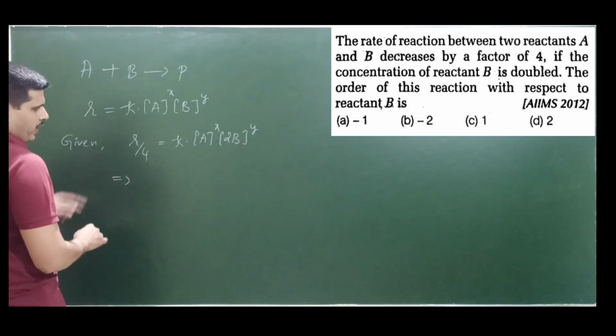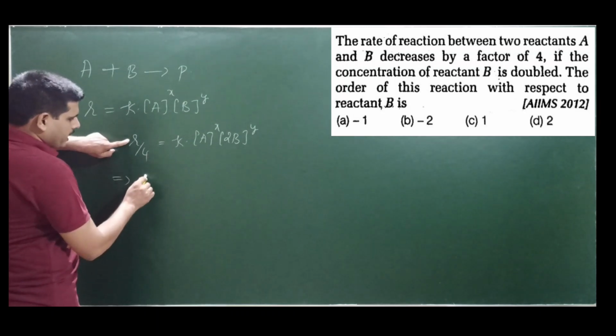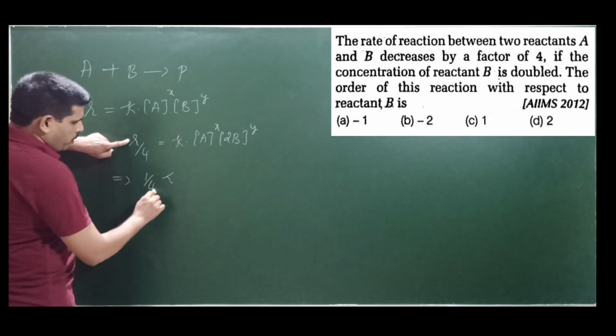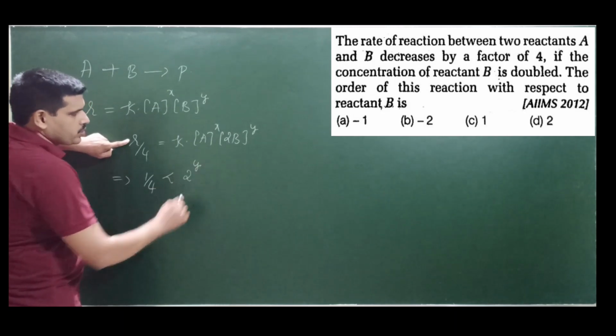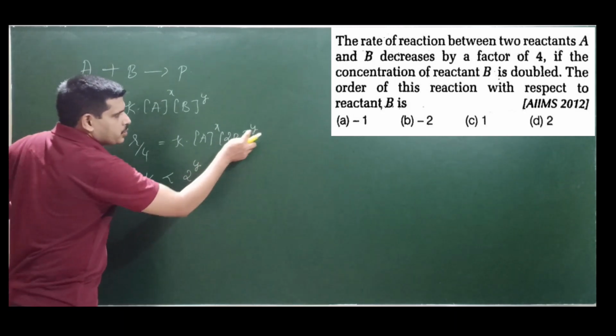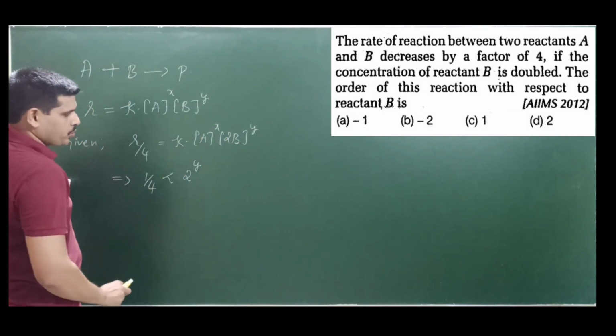So this implies that I will take only proportional, I am not taking the equal sign. So I can write 1 by 4 is proportional to 2 to the power y. Do you agree? Because I'll take 2 to the power y and retain B to the power y. So 1 by 4 is proportional to 2 to the power y.